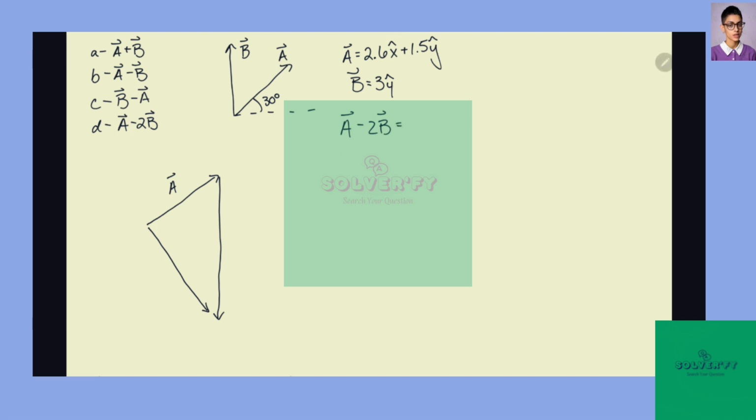So A minus 2B, again, we have 2.6 x hat because A is the only vector with an x component, plus, now I'm going to take square brackets. I'm going to take 1.5, so that's from A, and I'm going to subtract 2 times B, so minus 2 times 3 in the y direction, right?